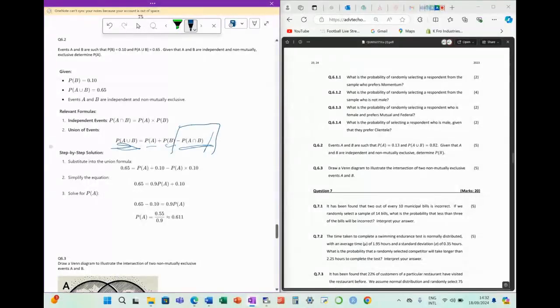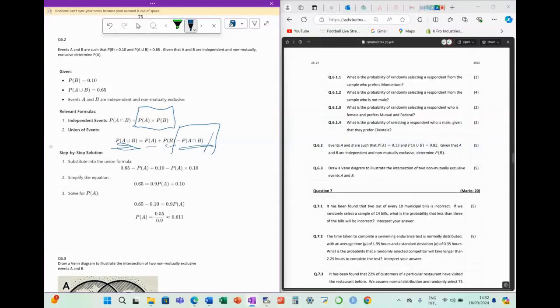Since these are independent events, the probability of A intersect B is the same as the probability of A times the probability of B. Now we just need to substitute into our formula.